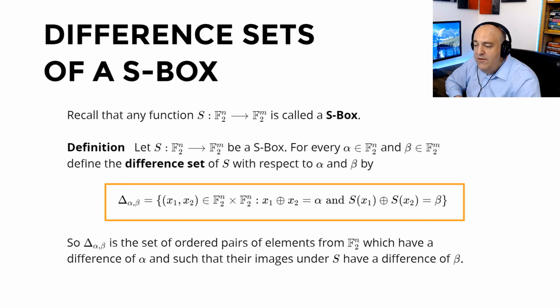We want to define the difference set of S with respect to alpha and beta, and we'll write delta sub alpha comma beta. It's going to be the set of all ordered pairs x1 and x2 such that x1 and x2 have a difference of alpha, and then the images S of x1 and S of x2 have a difference of beta. So we understand the difference of the inputs, and we understand the difference of the outputs.